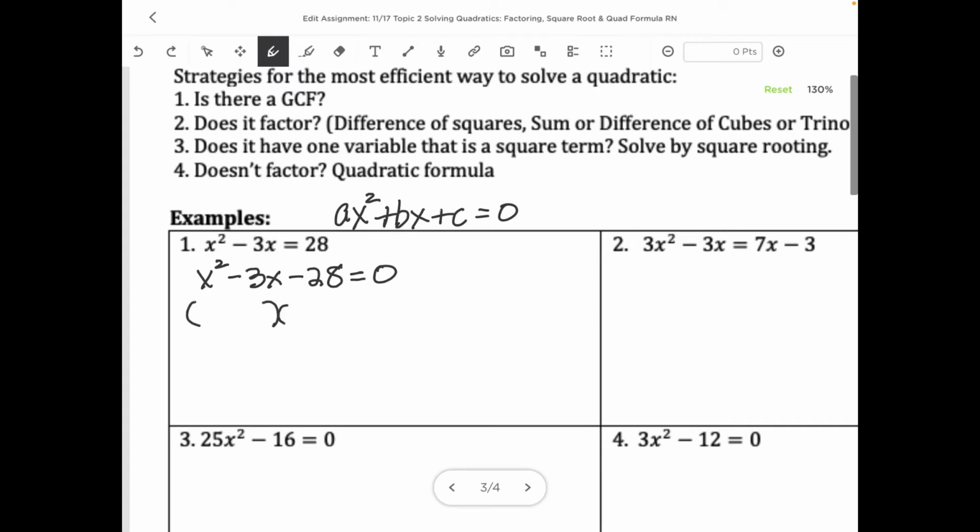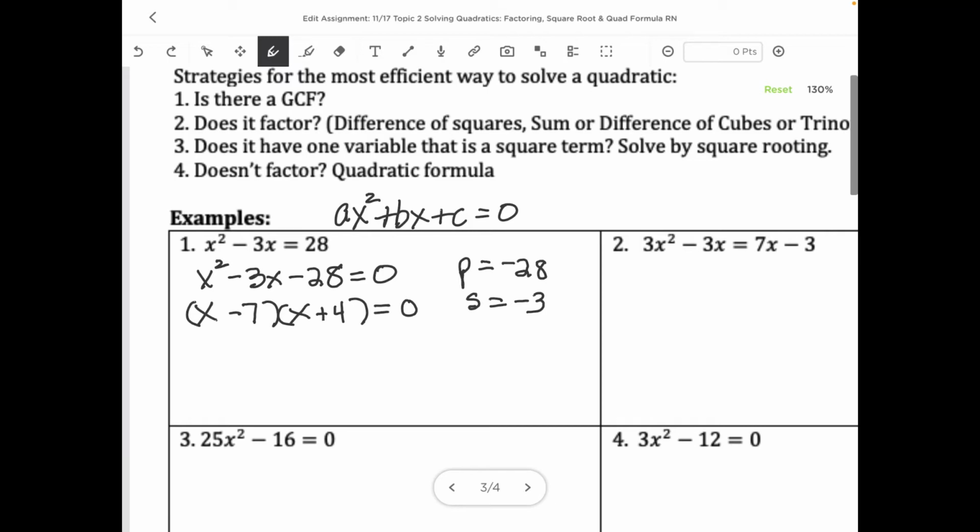Now we're going to factor that. So our pattern, we're looking for two numbers whose product is negative 28 and whose sum is negative 3. And so that's going to be x subtract 7, x plus 4.